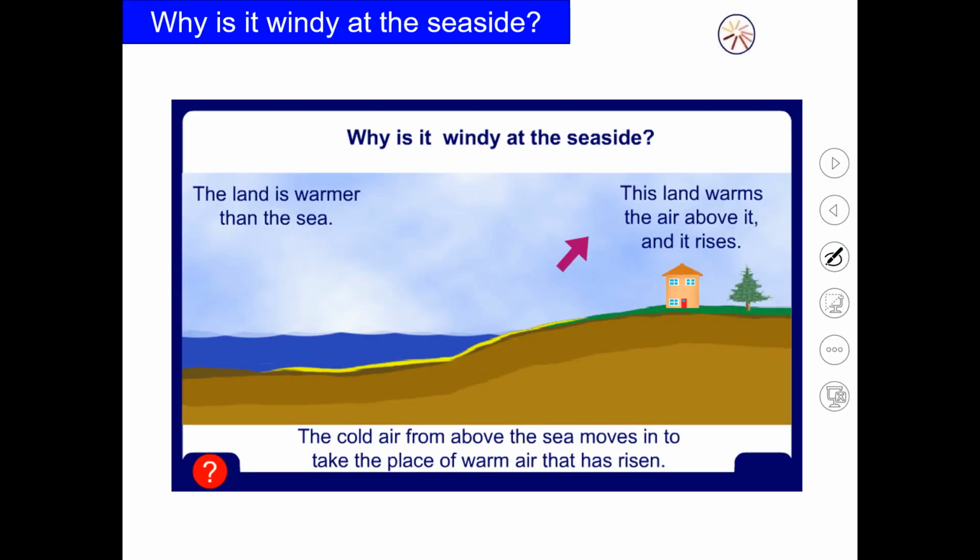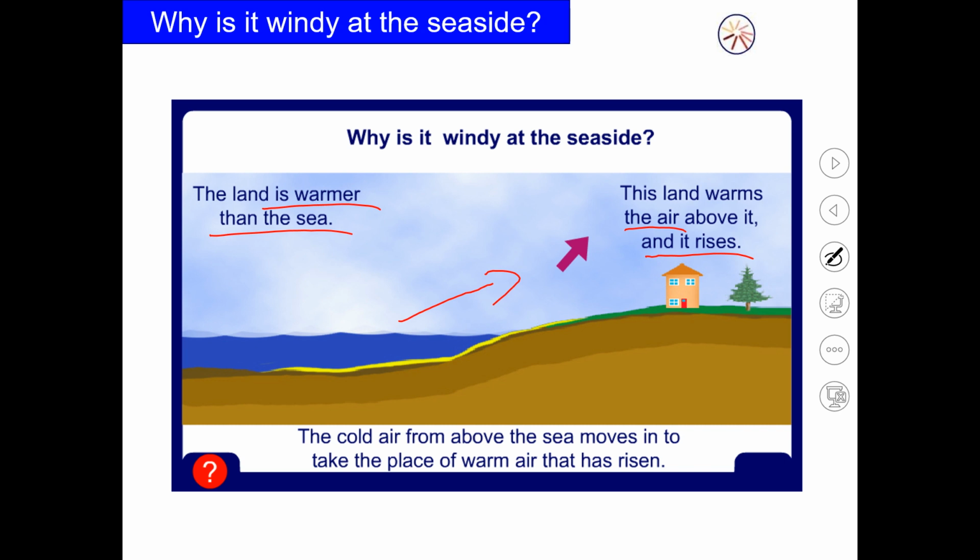Question. Why is it windy at the seaside? The land is warmer than the sea. The air above the warm land rises.